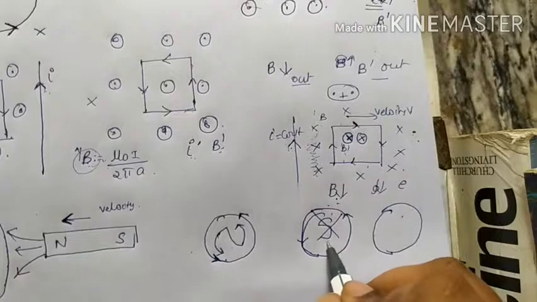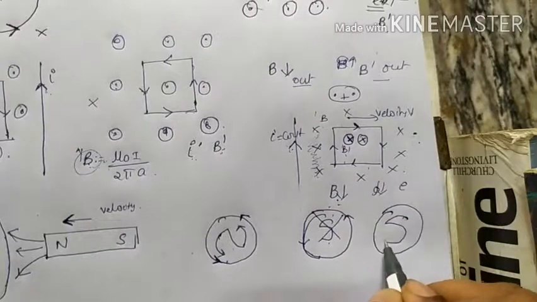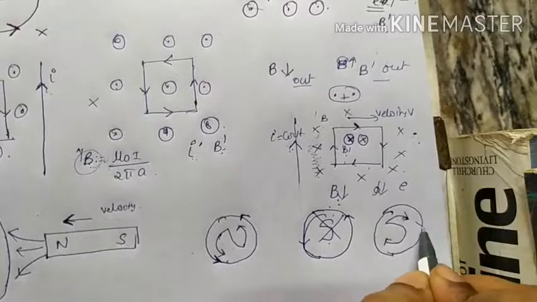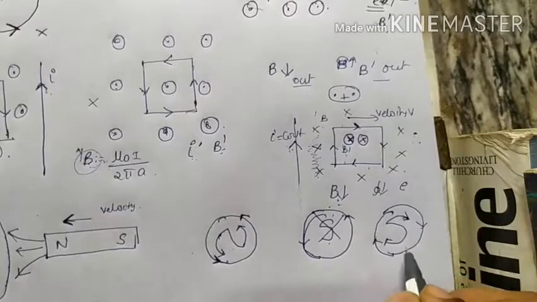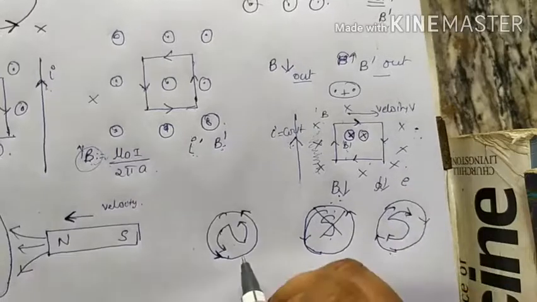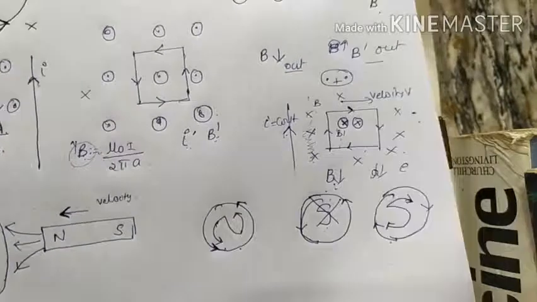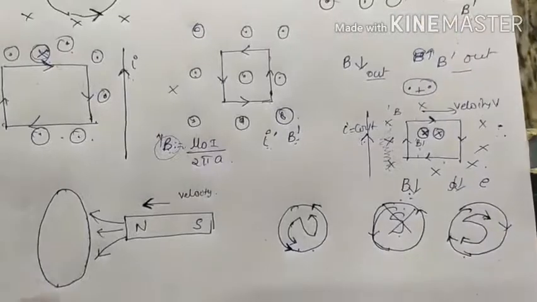I drew it wrong earlier, that's why I'm taking it again, guys. So if the direction is like this, clockwise, that means south pole. If it is anti-clockwise direction, it is north pole. So just like that, I'm going to come back here.